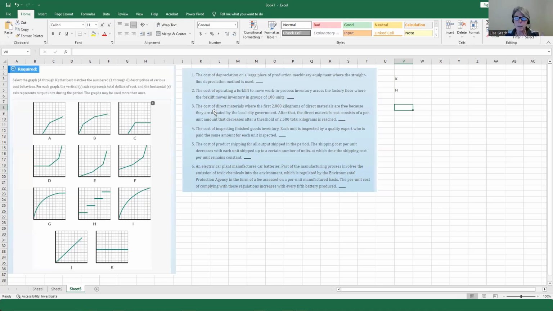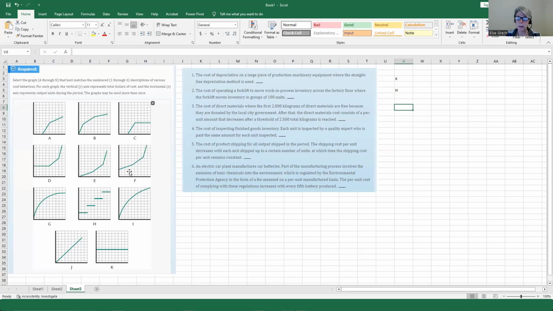The cost of the direct materials, where the first 2,000 kilograms of direct materials are free. So the first 2,000 are free. After that, the direct material cost consists of a per unit amount that decreases after a threshold of 2,500 total kilograms are reached. So we've got possibility as A.